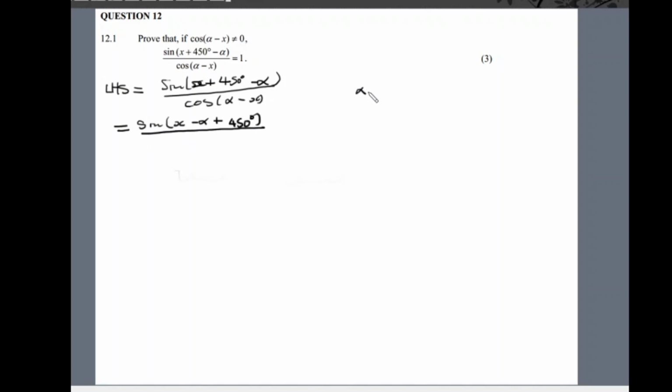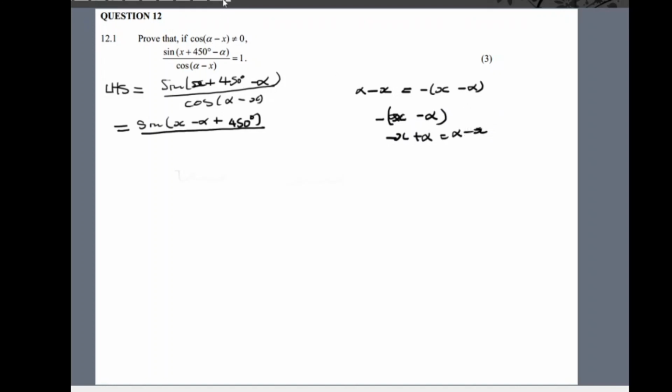Another way of writing alpha minus x is saying minus x minus alpha, right? So if you have minus x minus alpha, and then you multiply out the brackets, uzoba no minus x plus alpha, which is alpha minus x, right?